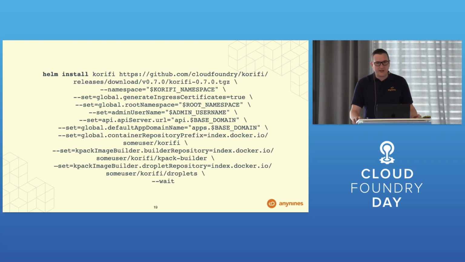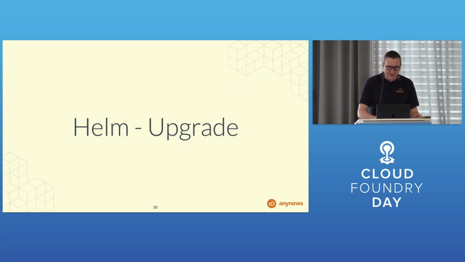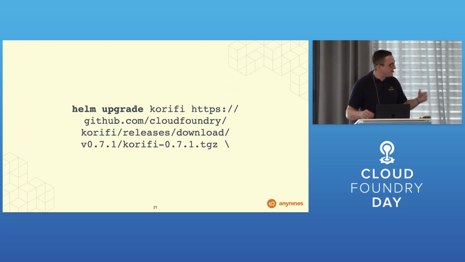So, in the end, if you use Helm, it all boils down to a complicated installation command like this, where you have to set the appropriate environment variables. In this case, we are using not the most recent version of Korifi, because at some other point, you also want to run an upgrade. So with Helm, this is pretty simple and straightforward.